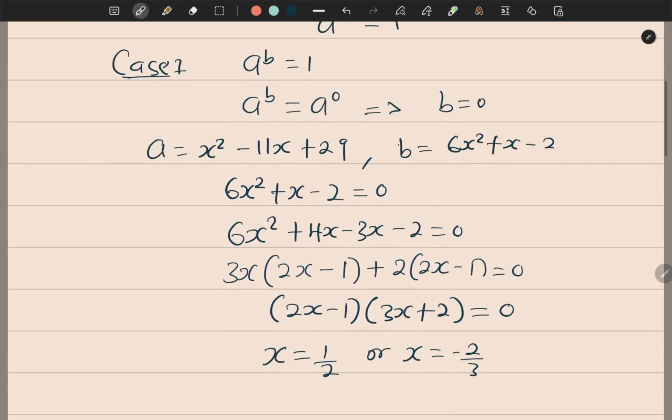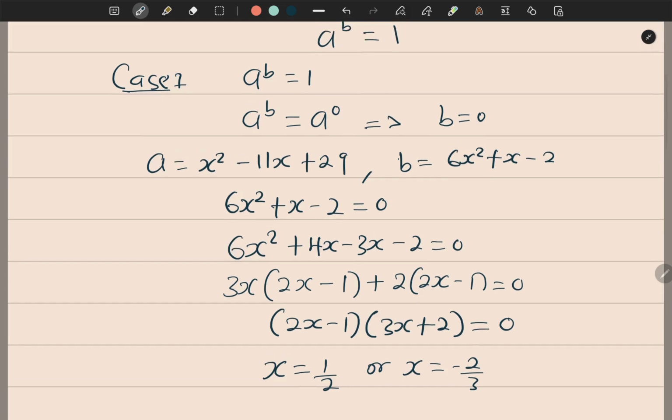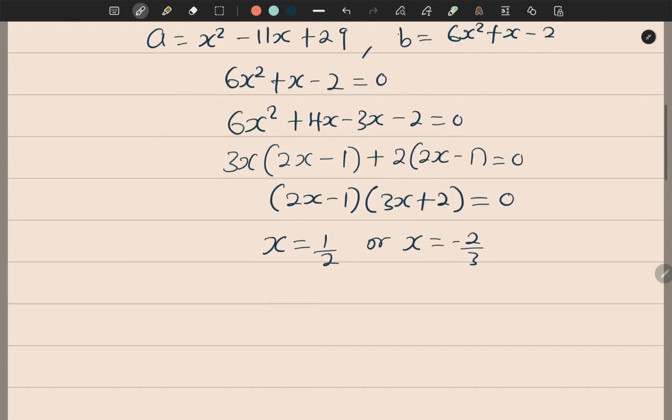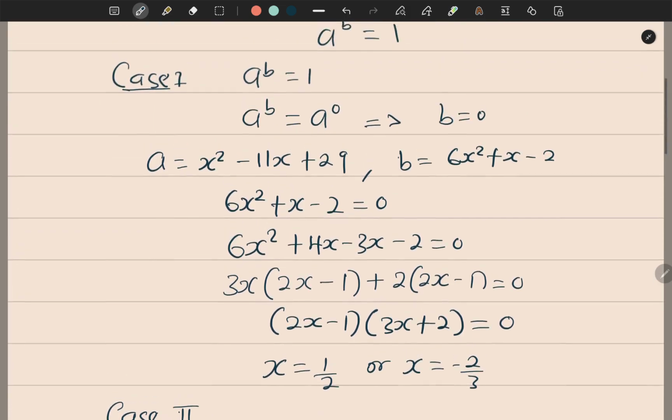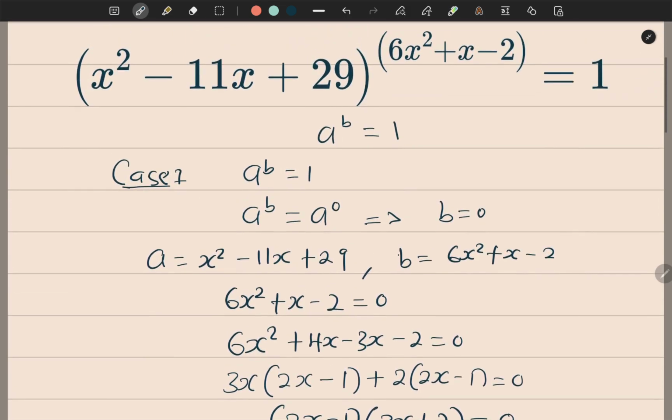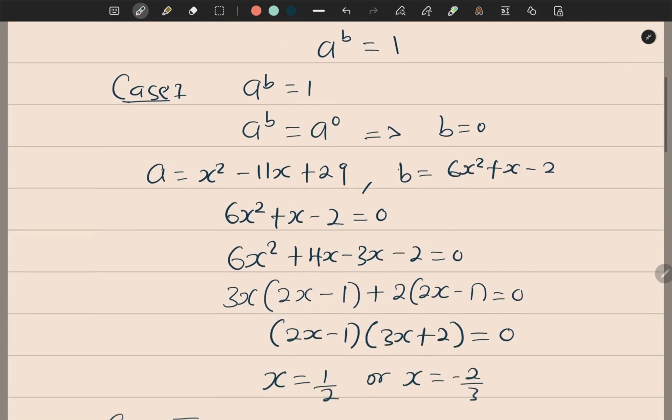So it means that these are the values of x that will make b to be 0. That's the first case. Now the second case we're going to consider here, which is case 2. Yes, we've considered when b equals 0. This will also give us 1.